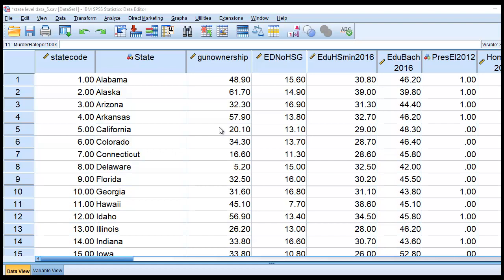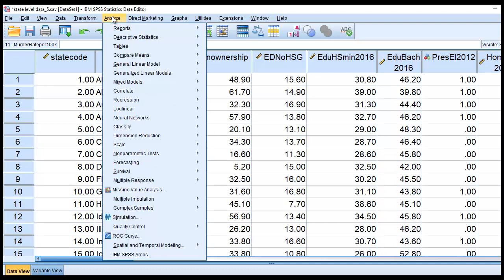So when you have population data, technically there's no real need to test for statistical significance because you have the population of observations that are already available to you. So you can just simply look at the means and tell whether or not there's a difference. But for this demonstration, I'm going to actually demonstrate the procedure. We're going to use significance testing, and we're going to treat the data as if it were coming from different samples.